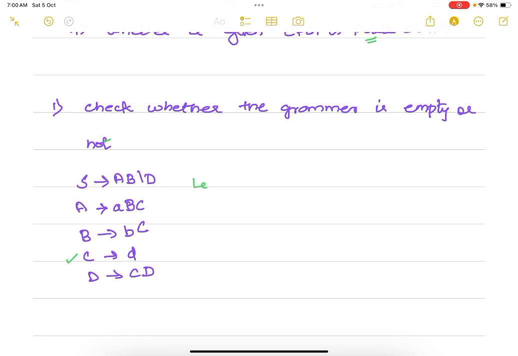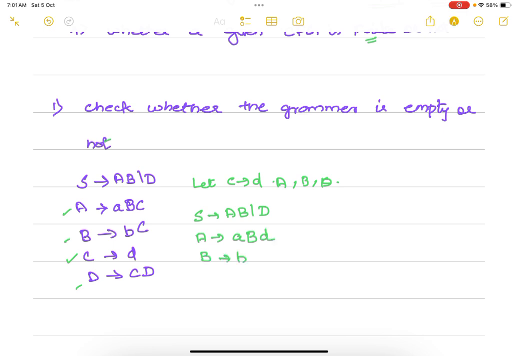So let us substitute C goes to D in whichever production has C. A, B, and D productions have C. So instead of C, we will substitute its right-hand side.